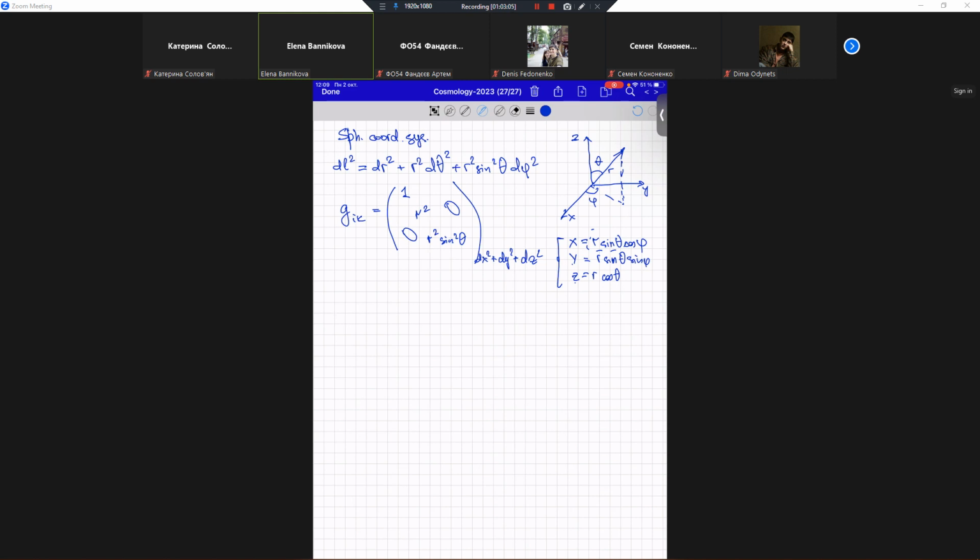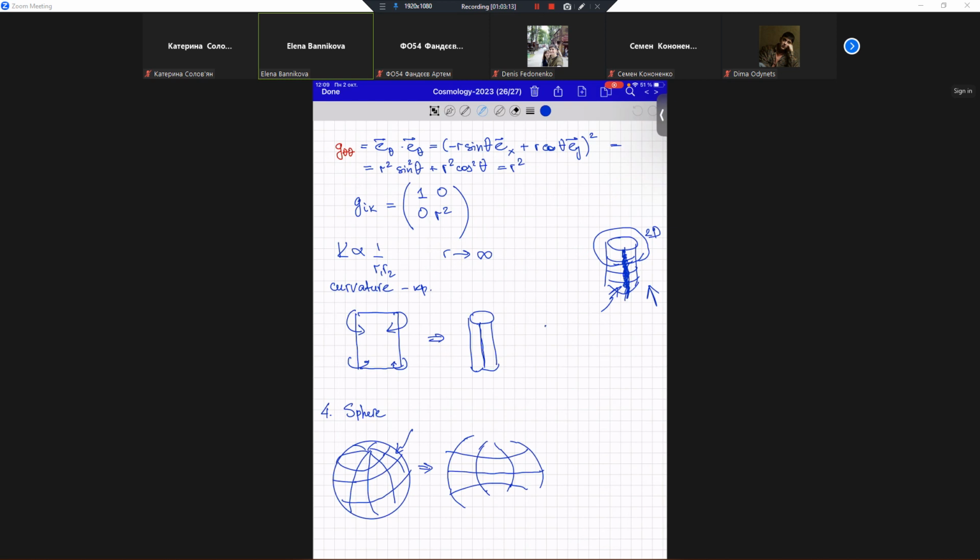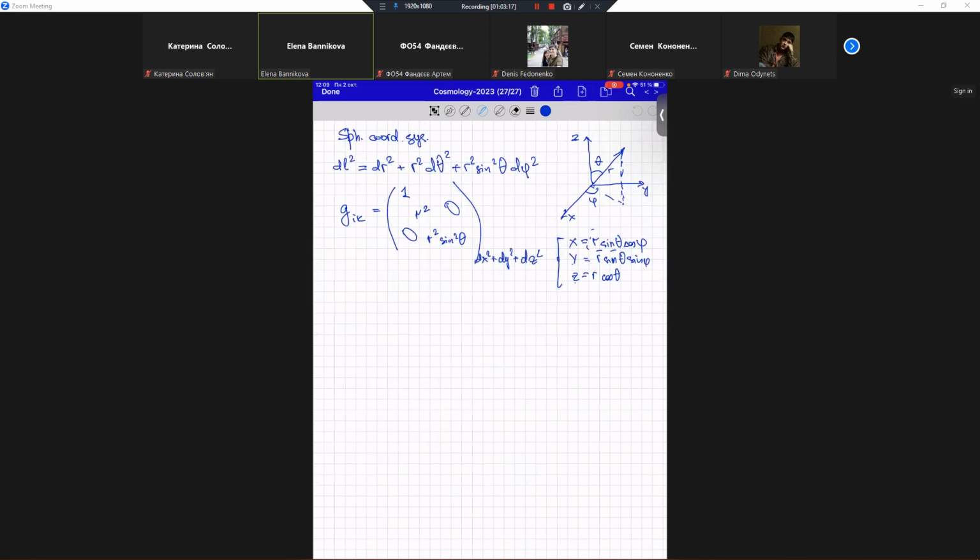So this is an example. These are the examples which we considered, and you can apply it to any reference system which you would like, and train if you would like. I can write that for this case, the Gaussian curvature is not zero.